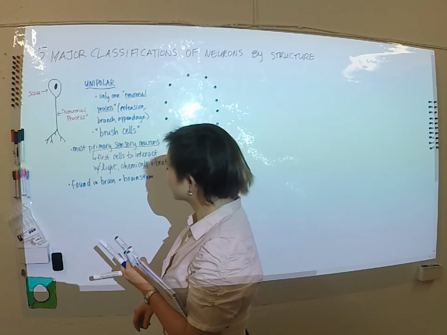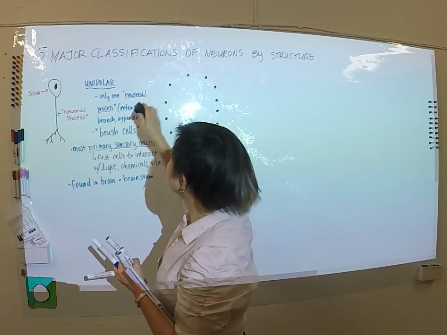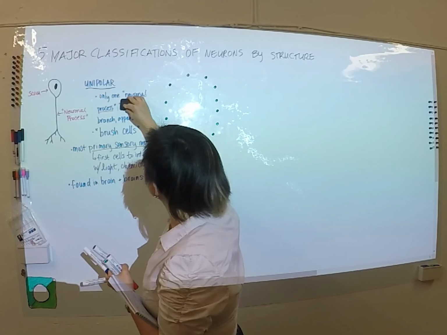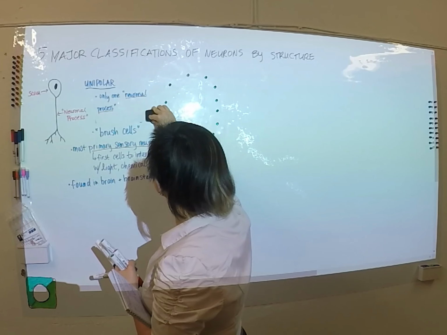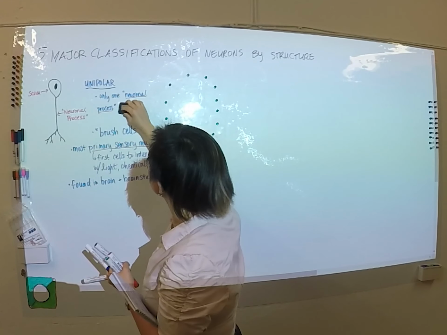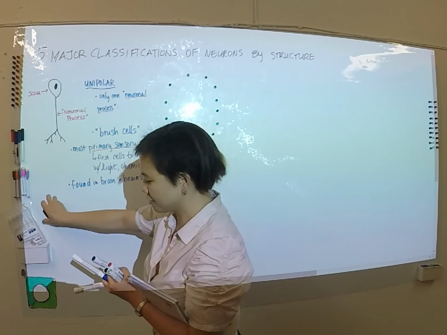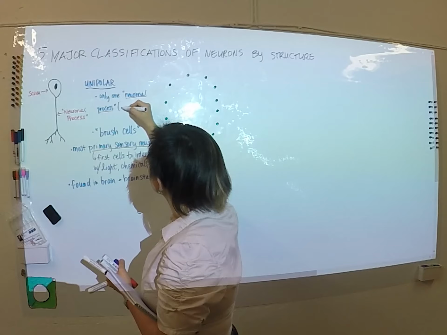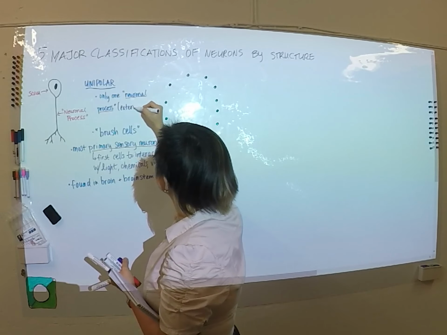Okay. I'm going to rewrite this in purple because it is a definition and I want it to stand out. Okay. Neuronal process, which means extension.